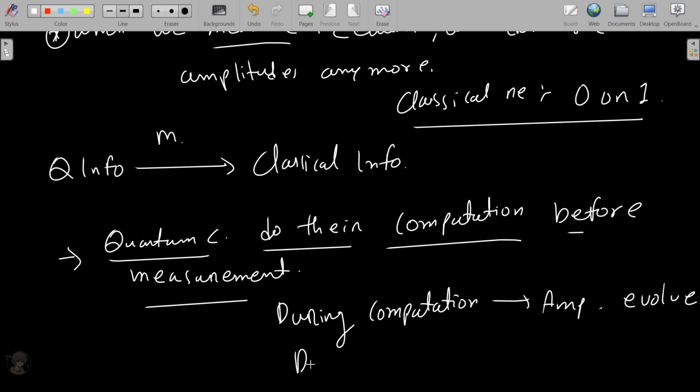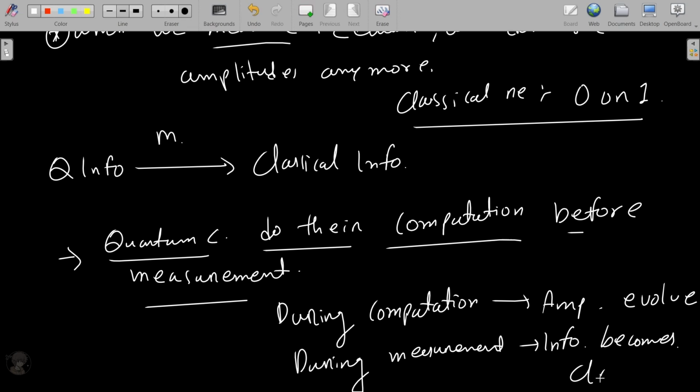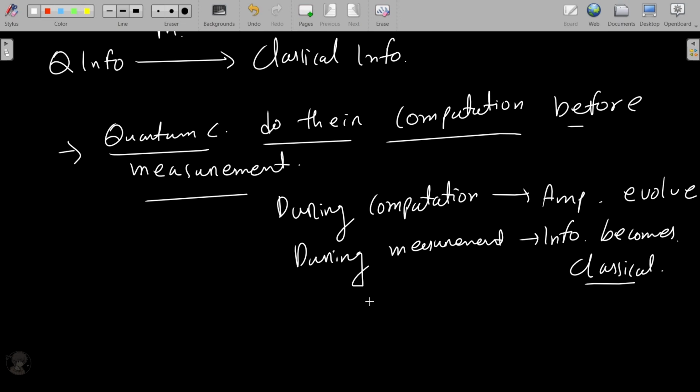During measurement, information becomes classical. So quantum computation is all about manipulating amplitudes, and measurement is all about reading probabilities. This is why quantum algorithms focus on changing amplitudes, not probabilities. This is the core idea of quantum computing.